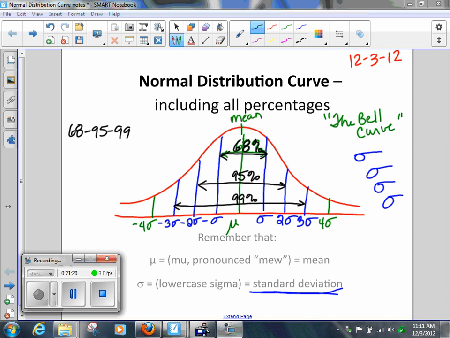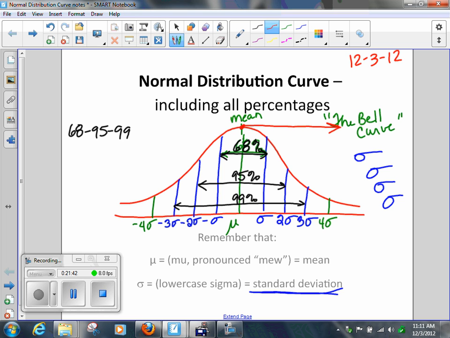I want you also to think about this, folks. If you're looking at all of your data, the mean, that mu, should represent how much of your data? If I go from here to here, how much of your data will be represented with that much of that curve?